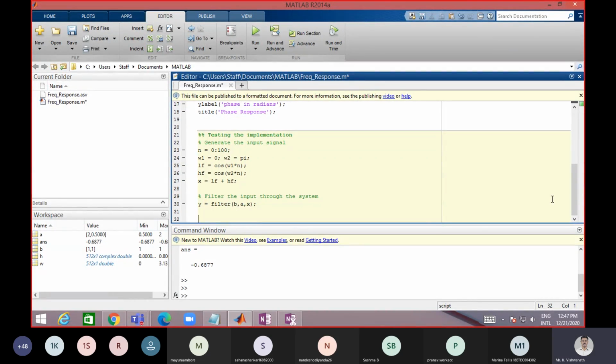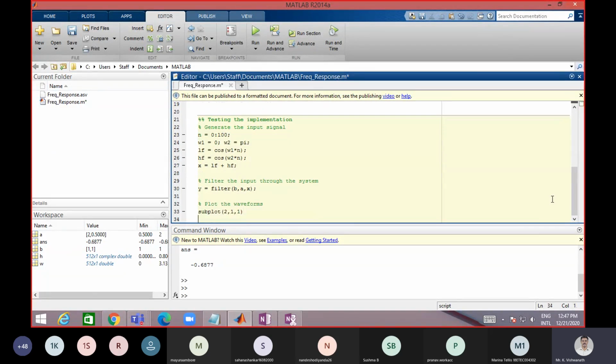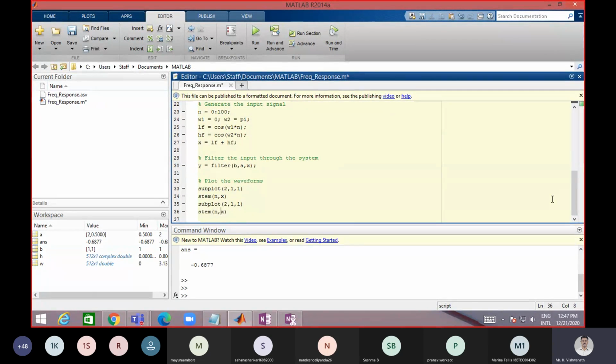Now you can plot the response, the waveforms. So first input signal we will plot, subplot, so 2 rows, one column, first figure, then you stem with respect to n the input signal, and similarly the second signal is your output signal.